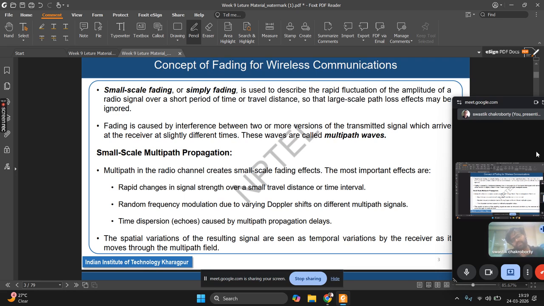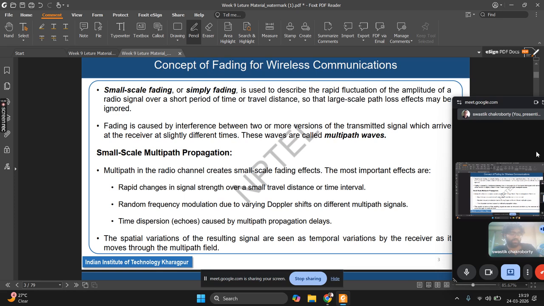As the time period is directly proportional to wavelength, time and travel distance, any one you can specify. Now, why does this happen? The large scale path loss happens because of laws of nature, that any electromagnetic beam traveling will suffer inverse square loss. That is a fundamental law of nature.